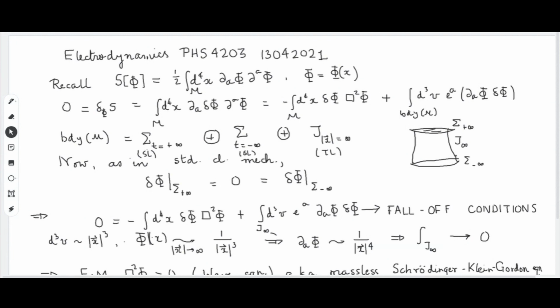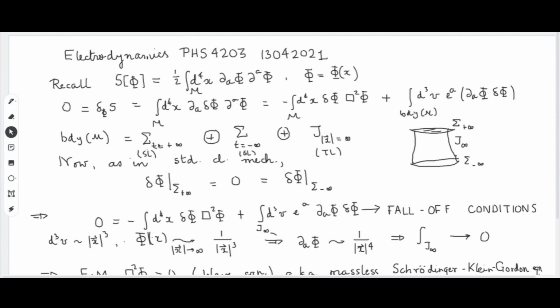Still okay. Right, so remember that the action we discussed was that of a free scalar field. It was called the kinetic energy term, and phi was a scalar field. We applied the variational principle on this action and found this extra boundary term.